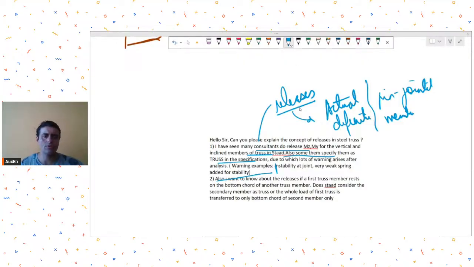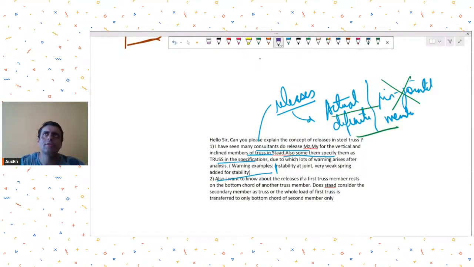But in actual practice, when we connect the truss members, it's very rare to see the truss members getting joined together with actual pin-like connections. We don't have actual pin-like connections. Okay, very very rare.